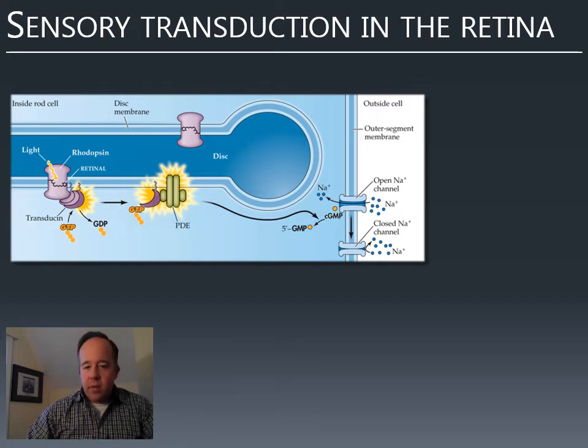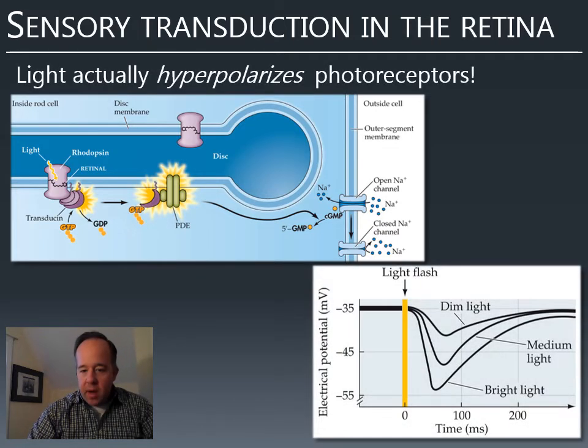So on the right of this figure from your book, you see these sodium channels, and actually they're normally open. But when light hits one of these rhodopsin molecules, it sets off a chain reaction, and a molecule comes along, binds to these channels, and closes them, so sodium no longer flows in. What does that mean?